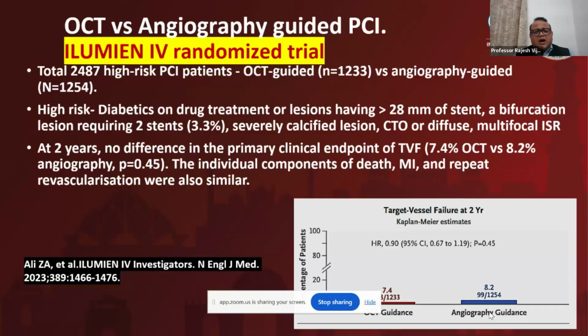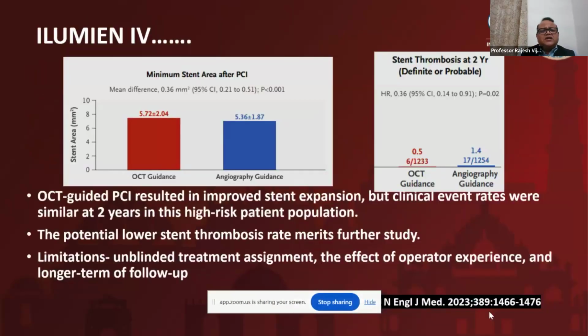We were fortunate to be part of this particular study from PGI. The important conclusion of this study was that a minimum stent area of more than 5.7 is associated with a favorable outcome compared to angiographic guidance, which has an area of 5.36. It also translated into stent thrombosis, which was significant in angiography guided PCI compared to OCT guided PCI.